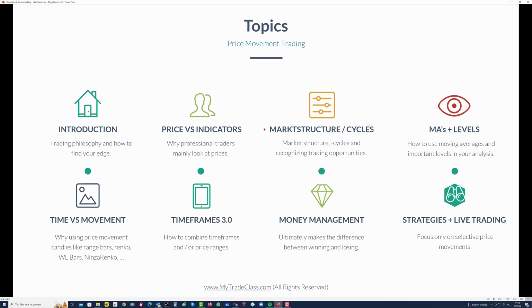I'm a very strong believer that most of the information you need to trade is actually already incorporated in the price and in the volume, which is combined with that price level. I think it's very important to understand how and why markets move, and what market structure is and what these market cycles are. To understand that what we trade is movement and not time.